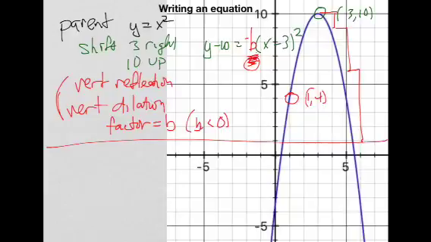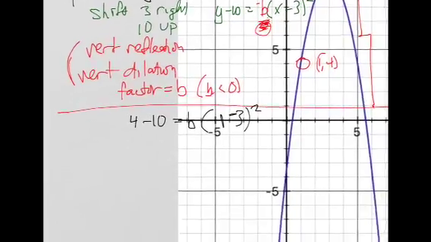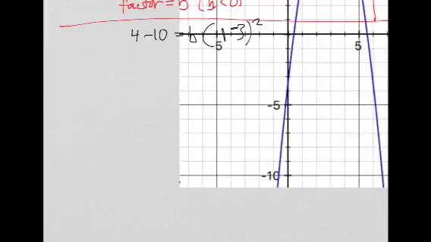So I'm going to say y, which is 4, minus 10 equals my b value times my x, which was 1, minus 3 squared. So 4 minus 10 is a negative 6.